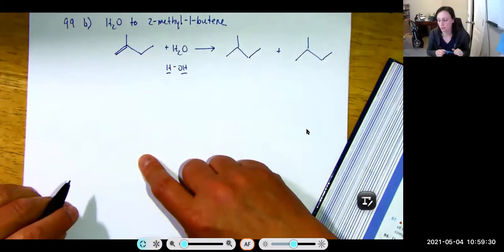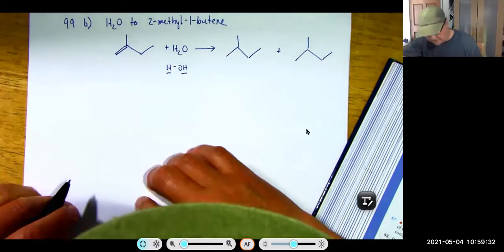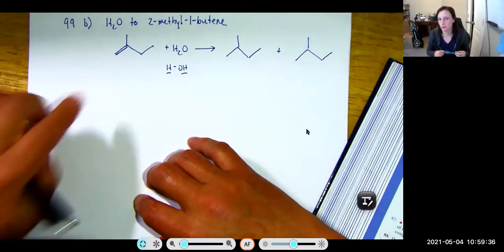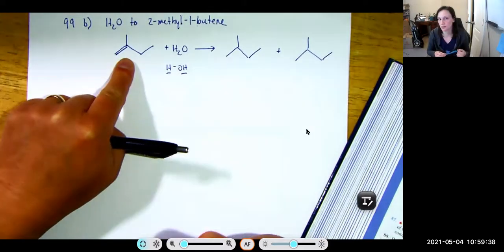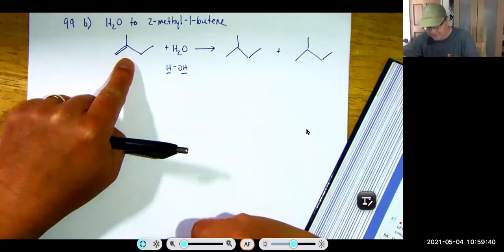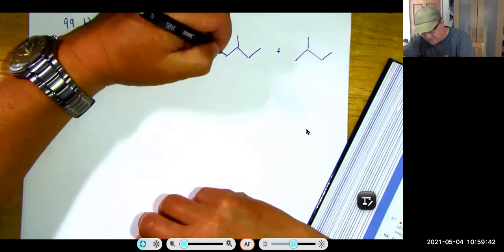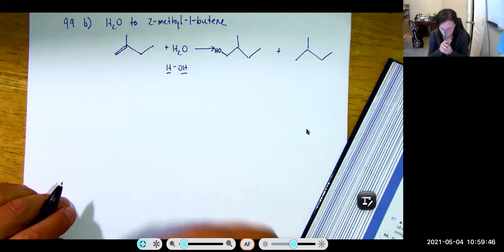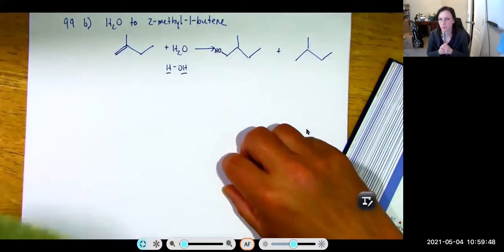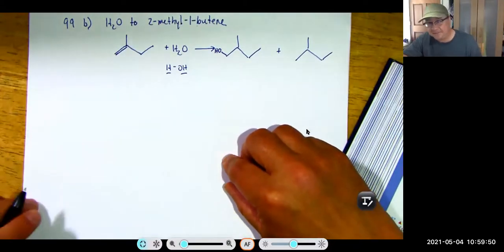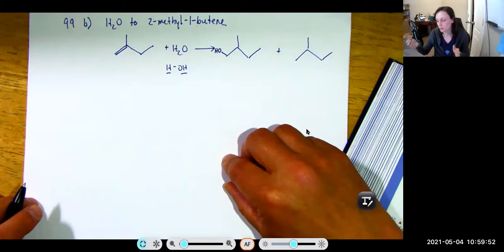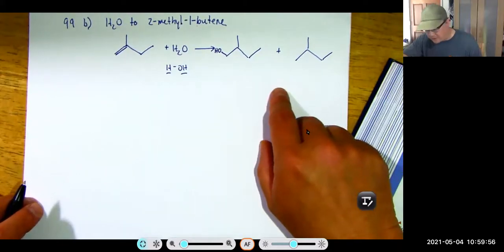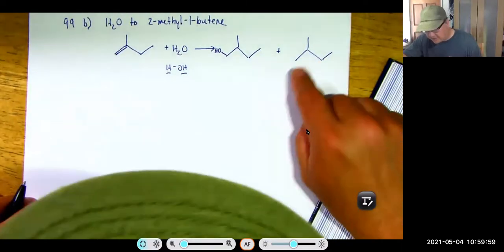So could the OH go on carbon 1? Well, I want to say yes. No, it can. The H goes to one carbon, the OH goes to the other. Yeah, but how do we know which one goes where? Well, that's what we're going to figure out in just a moment. Could the OH go to the second carbon?